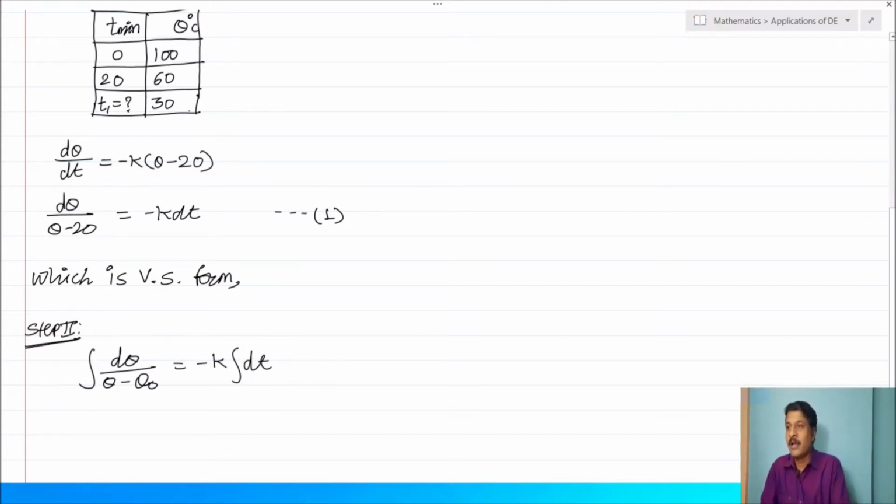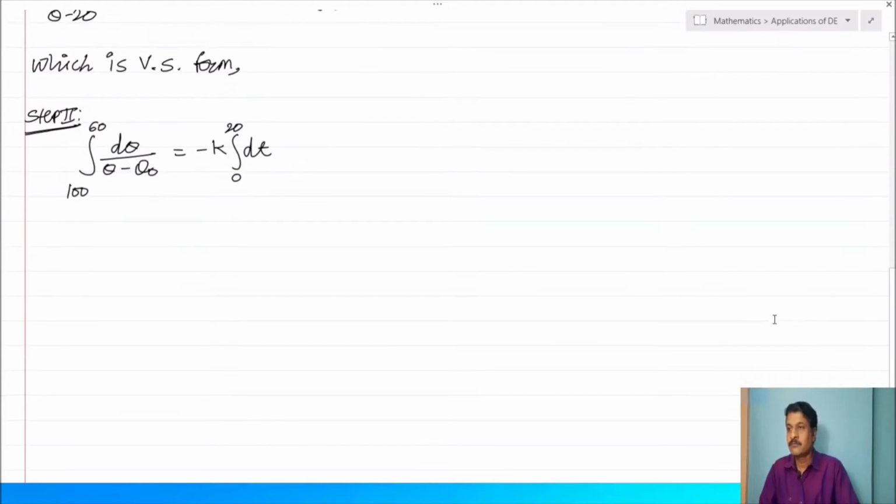How? When t equal to 0, what is the corresponding value of theta? It is 100 degrees Celsius. And when t equal to 20 minutes, what is the corresponding value of theta? It is 60. So that is why we need not consider the integration constant, because it is a definite integral now.